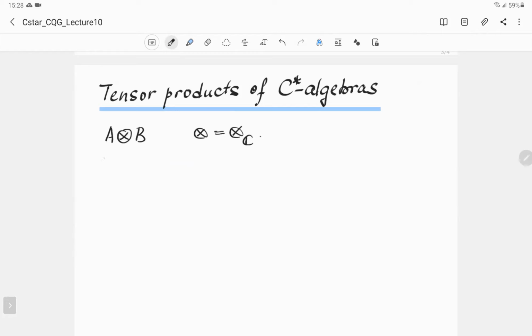The first step will be to define the multiplication on the tensor product. And of course, this is very easy. The second step will be to define an involution on the tensor product.